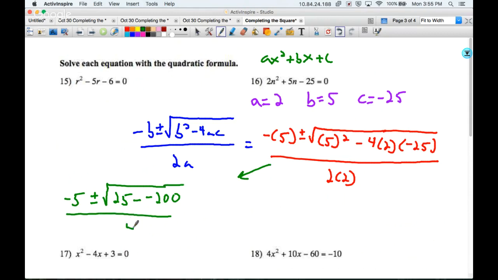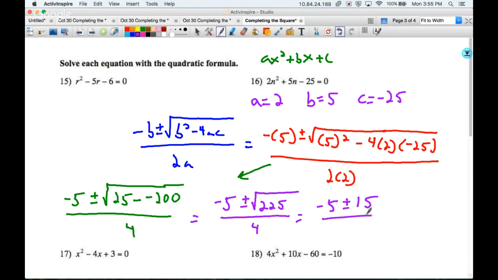All divided by 4. This leads to negative 5 plus or minus the square root of 225, all divided by 4, which equals negative 5 plus or minus 15 divided by 4.